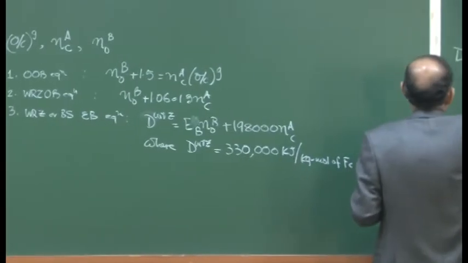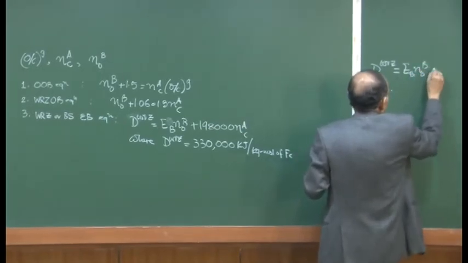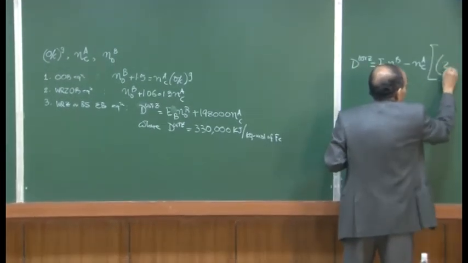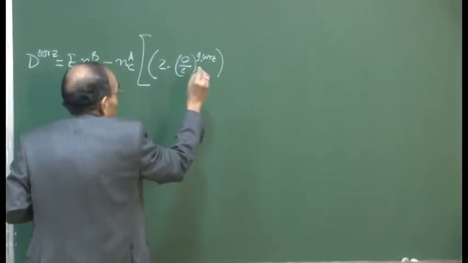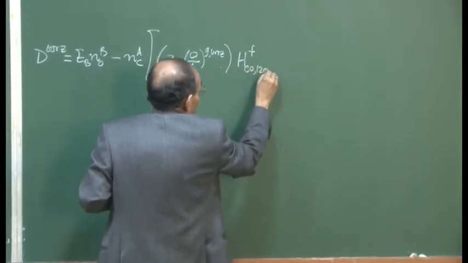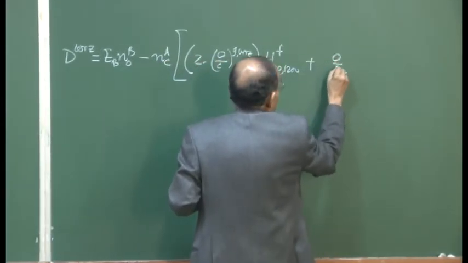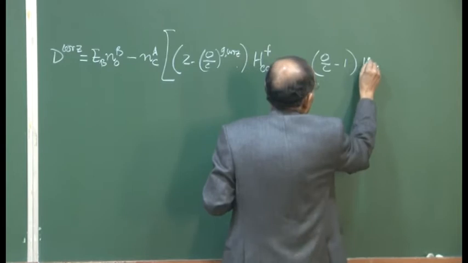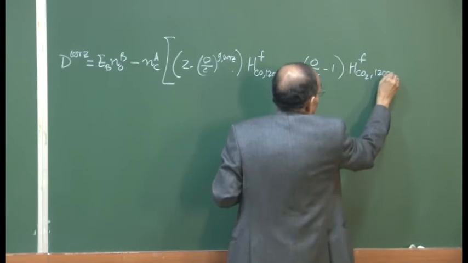So, the 198,000 has come from EB NOB, that is the first term, and we have NAC, and then we have here 2 minus O/C gas Oostite reduction zone into heat of formation of carbon monoxide at 1200, plus O/C minus 1 into heat of formation of carbon dioxide at 1200 Kelvin.